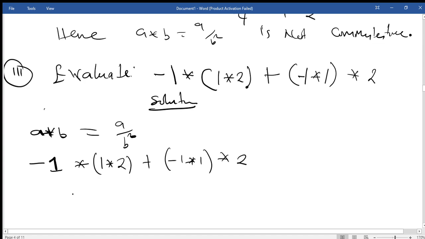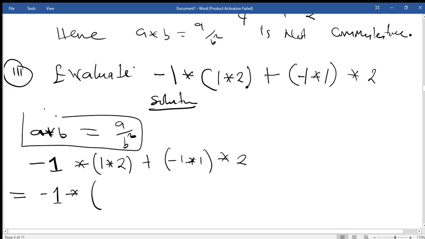This is going to be equal to negative 1 star. From the operation which we are using here, the first number is more like A, so this becomes 1 over 2 squared, plus this number is A, this becomes negative 1 over 1 squared, star 2.